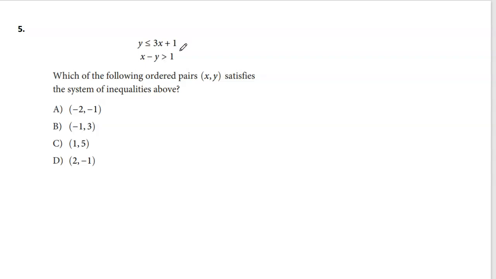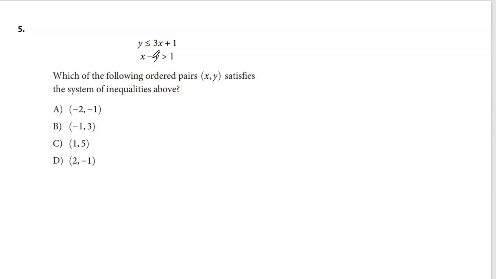Here we are given two inequalities which satisfy a point. It means whatever points lie within this inequality and make both of them true is what we're looking for. For a question like this, you can plot it, but I think it's easier to substitute than to plot in this particular case, because the plotting can sometimes confuse some students.